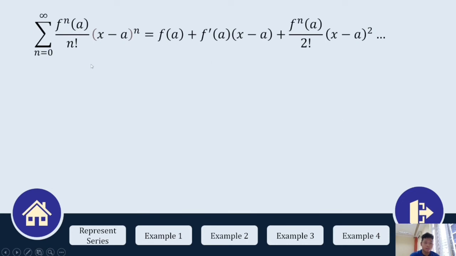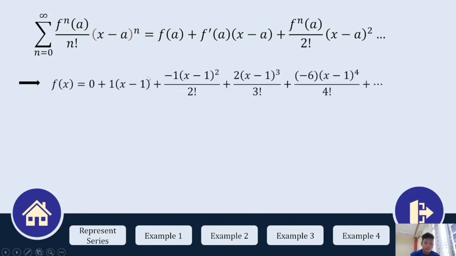Our formula is the summation of the Taylor series, and we can write it in expanded form: f of a plus f prime of a times (x minus a) plus f double prime of a times (x minus a) to the power of 2 over 2 factorial, plus and so on.